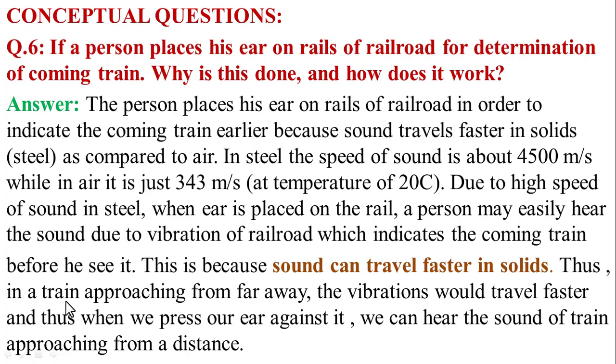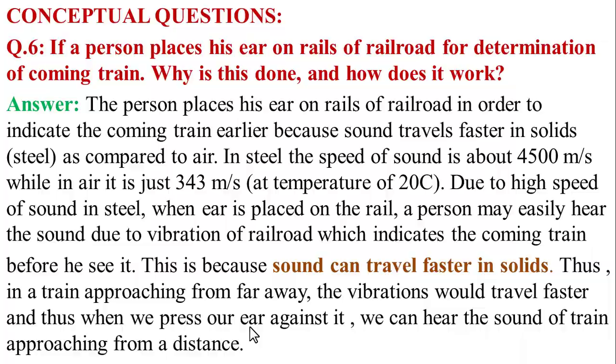Thus, in a train approaching from far away, the vibration travels faster, and thus when we press our ear against it, we can hear the sound of the train approaching from a distance.